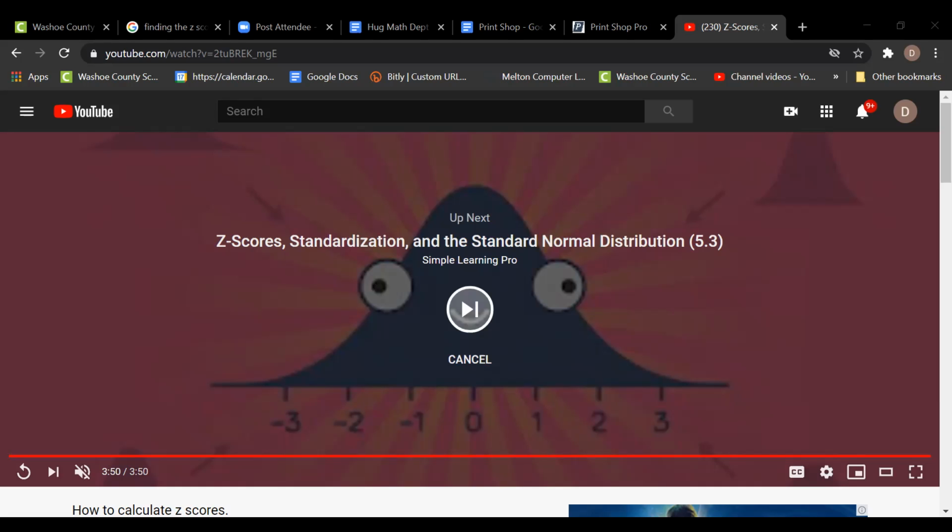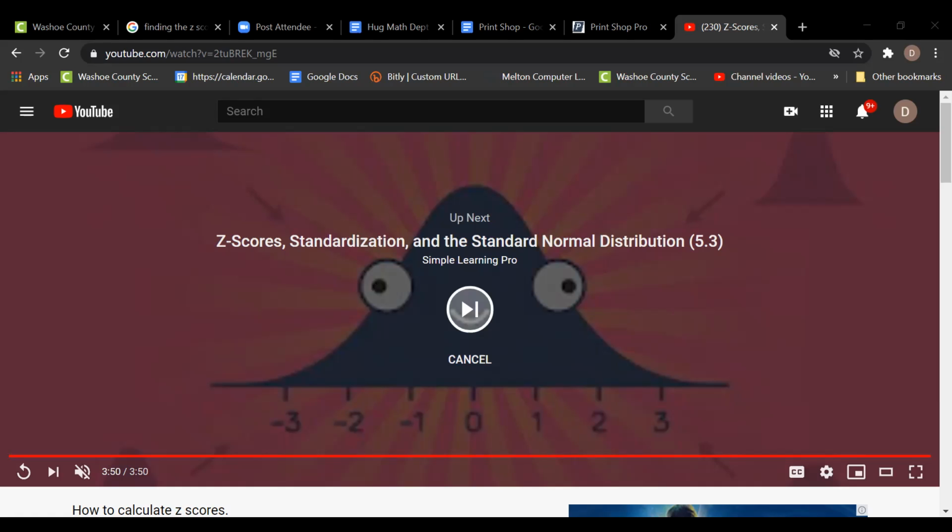So if the mean is right here and the mean is 63.6 inches, you want to look at 1.5 standard deviations below the mean.